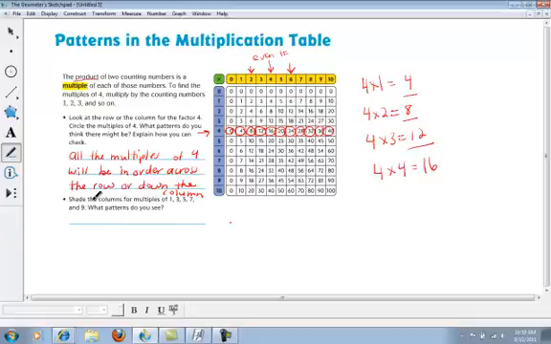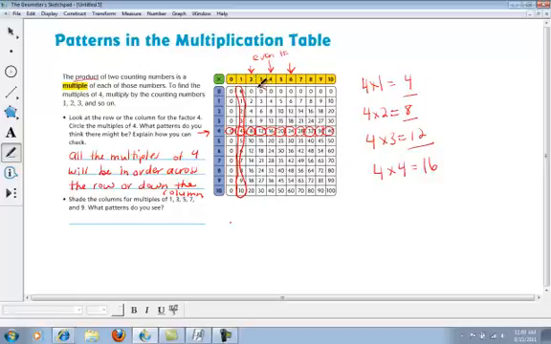Now, this next section says shade the columns for multiples of 1, 3, 5, 7, and 9. What patterns do you see? Well, I'm not going to shade them because I don't want to block the numbers, but I'm going to kind of circle them. It's kind of tough doing this here on the computer.